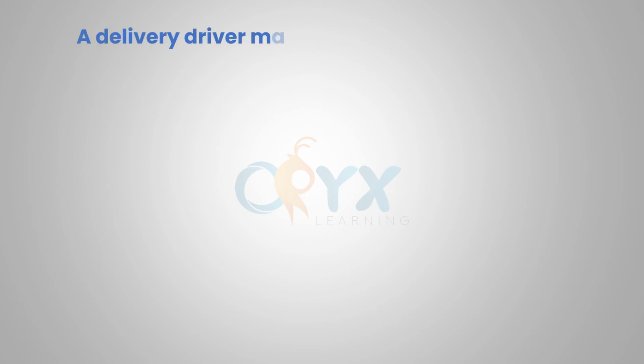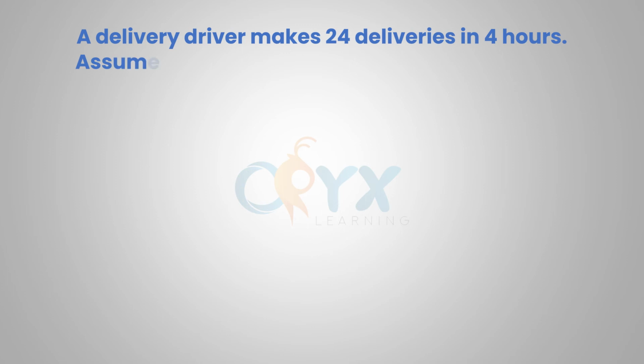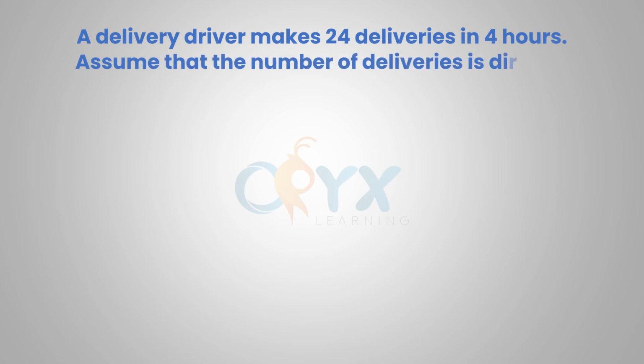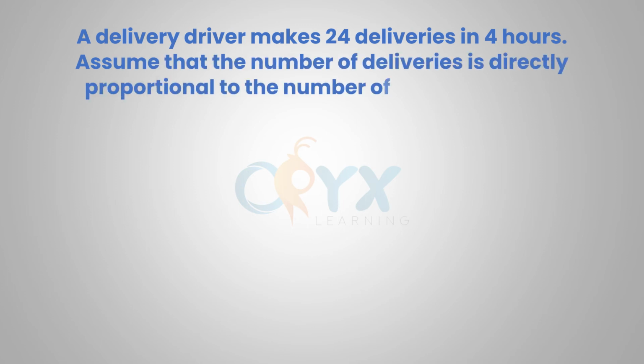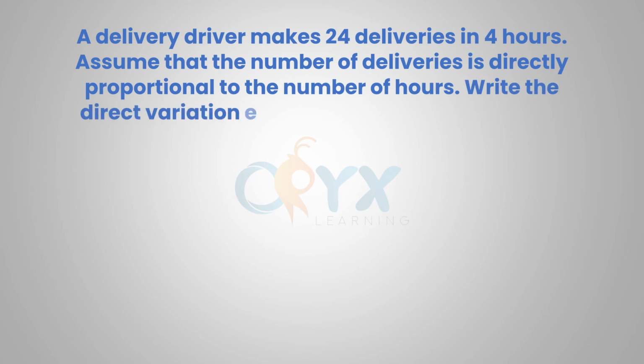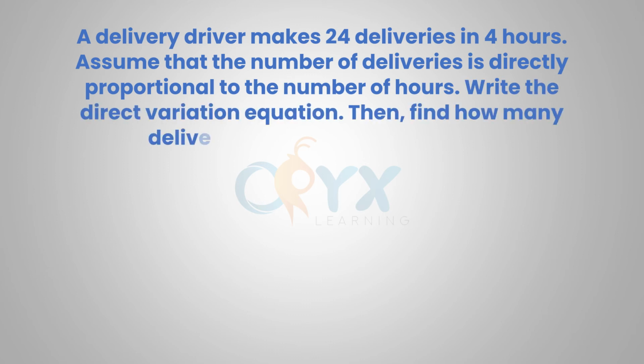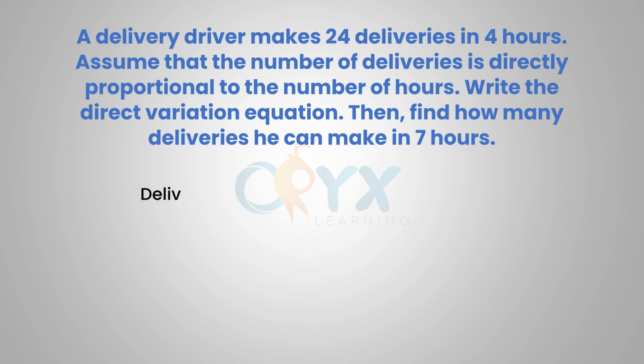A delivery driver makes 24 deliveries in 4 hours. Assume that the number of deliveries is directly proportional to the number of hours. Write the direct variation equation, then find how many deliveries he can make in 7 hours. If we take our constant of variation, deliveries per hour, it says he can make 24 deliveries in 4 hours.